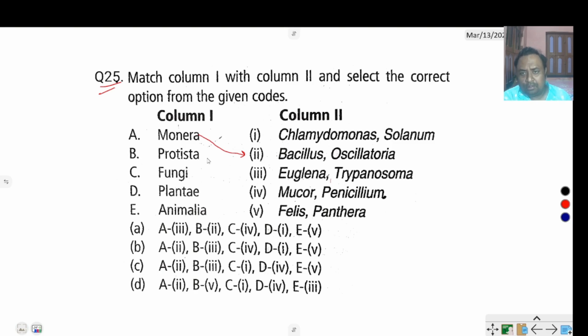Protista: Euglena and Trypanosoma. Fungi: Mucor and Penicillium. Plantae: Chlamydomonas and Solanum. Animalia: Felis and Panthera. So A is 2, B is 3, C is 4, D is 1 and E is 5. B is the correct option.